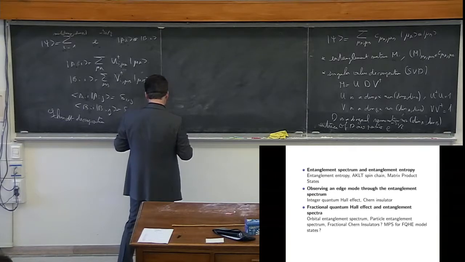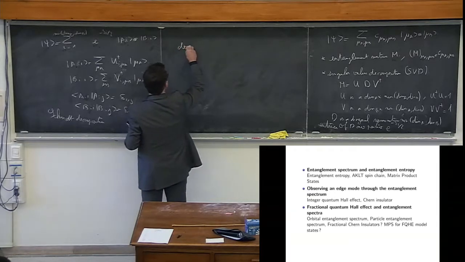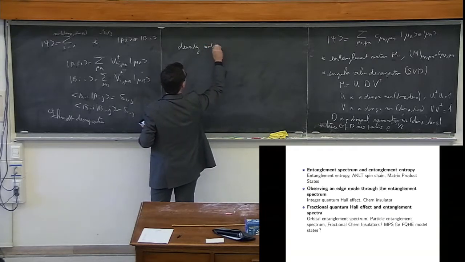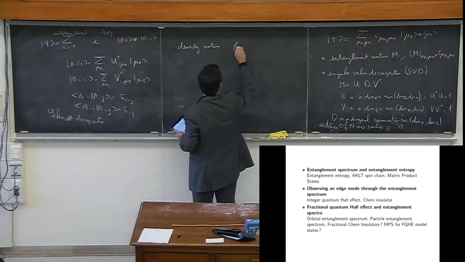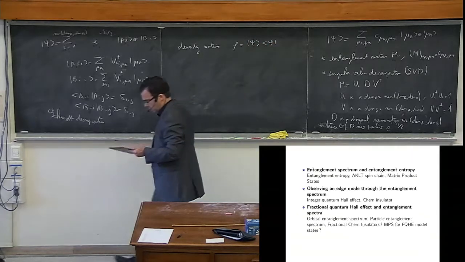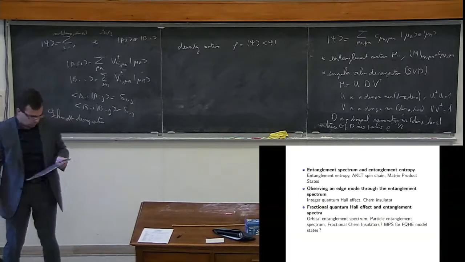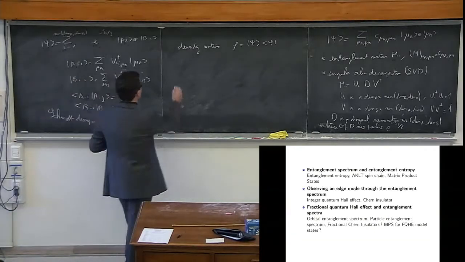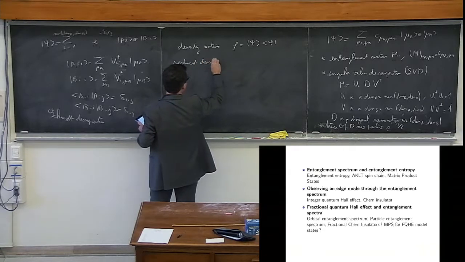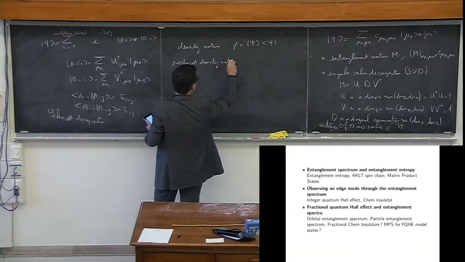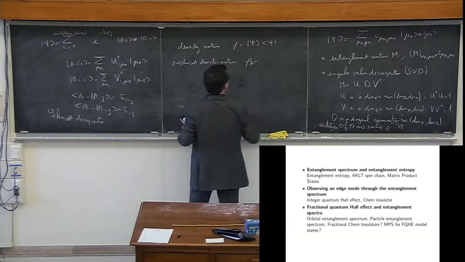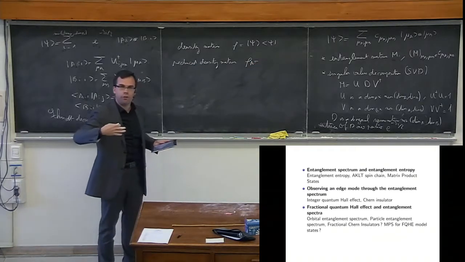So now we can construct the density matrix. It's a zero temperature problem, just a pure state psi, so that's the density matrix of the system. And we can compute the reduced density matrix rho A by tracing out over the B part.